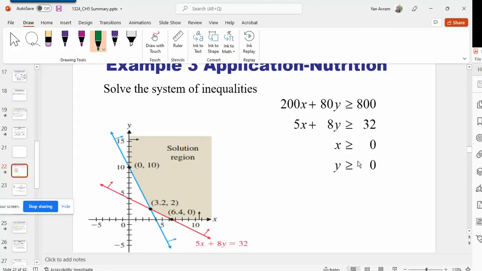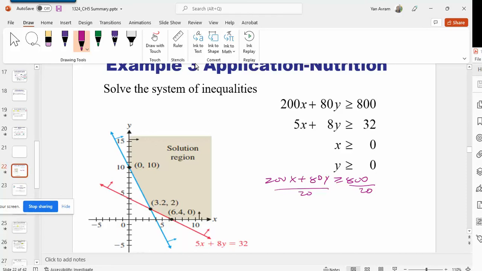If I want to graph the first one right here, I can simplify it a little bit, right? 200x plus 80y greater than or equal to 800. Maybe I can divide both sides by 20. Since the number you divide by is positive, it doesn't change the inequality direction.